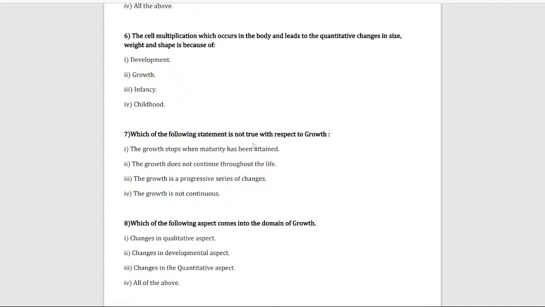So the cell multiplication, which occurs in the body and leads to the quantitative changes in size, weight, and shape, is because of second, that is growth. So please remember, it is because of growth.